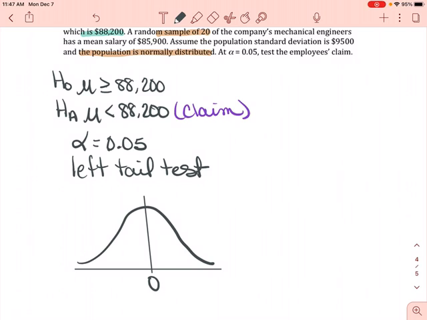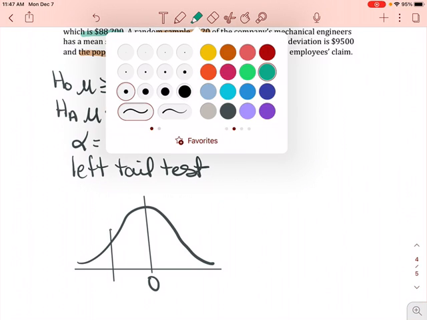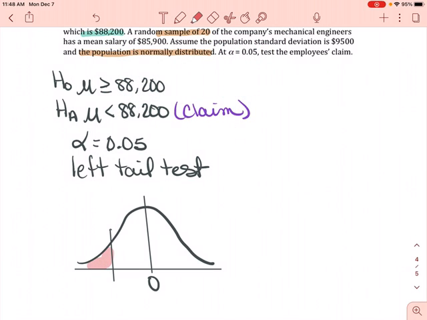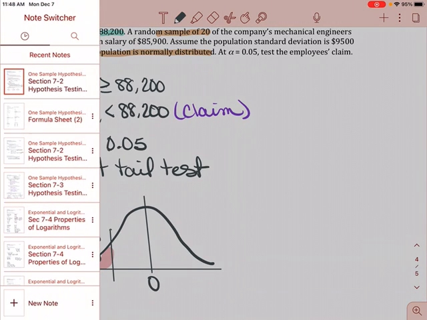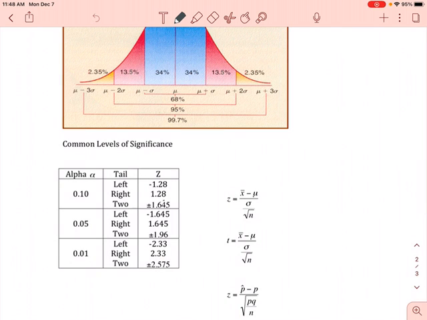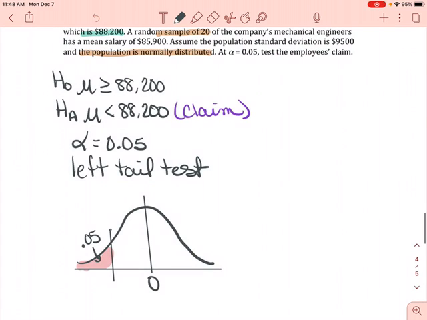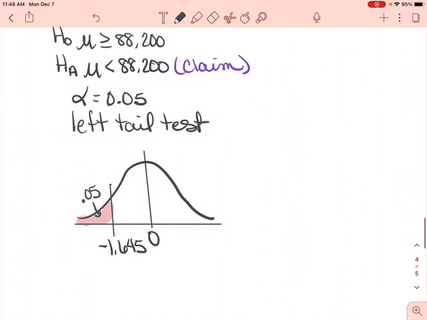Here's our rejection region. We're going to find our Z that corresponds to that. This is 0.05. We need a Z that corresponds with the left at 0.05. So left, negative 1.645. Okay, so this is our rejection region.